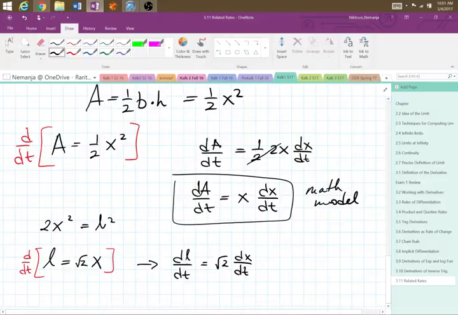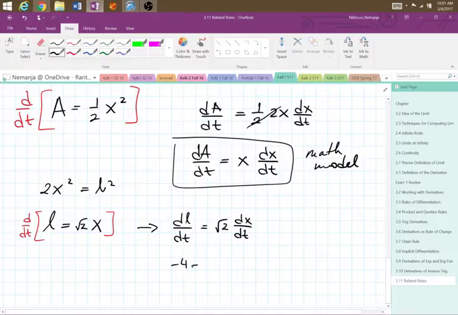Now I know that dL/dt is -4, right? So I have -4 is equal to root 2 dx/dt, from where dx/dt is equal to -4 over root 2. Then we rationalize that.